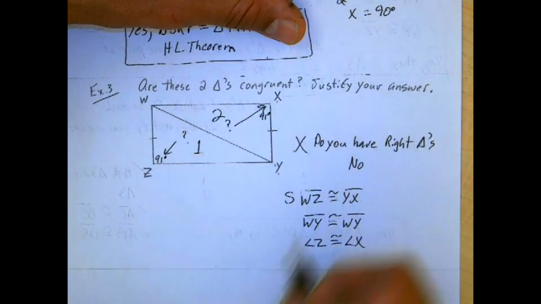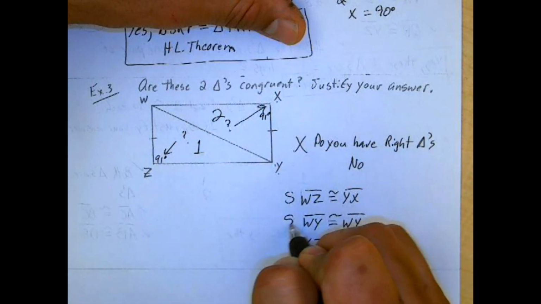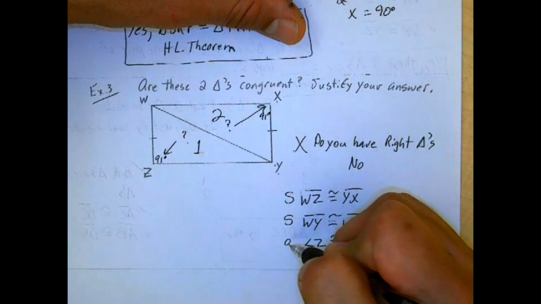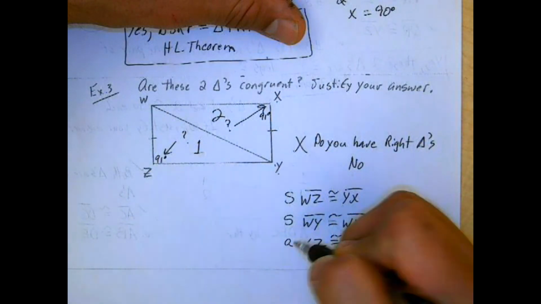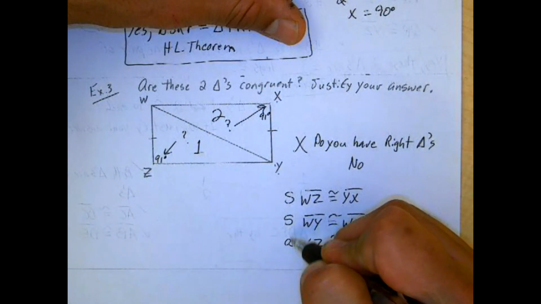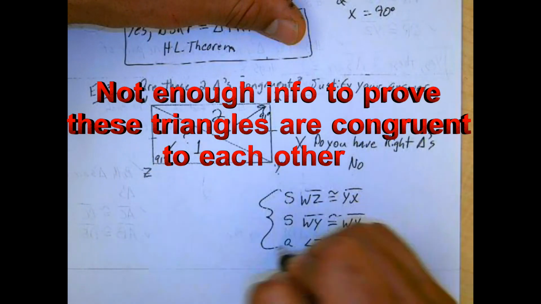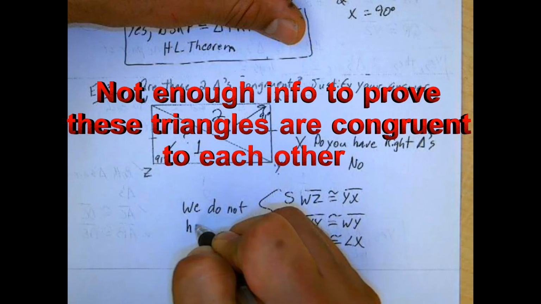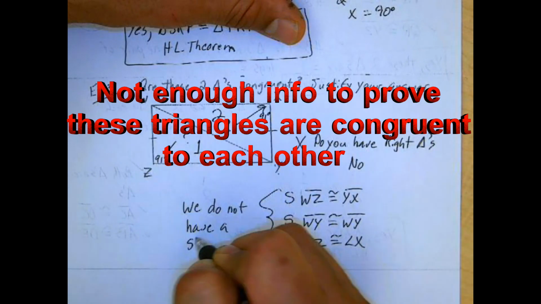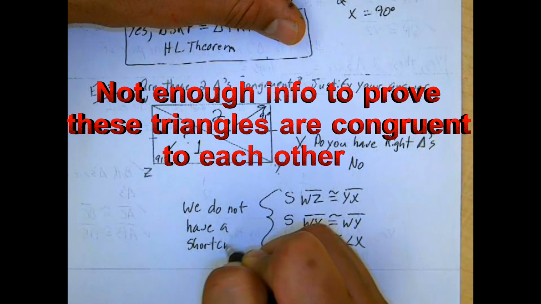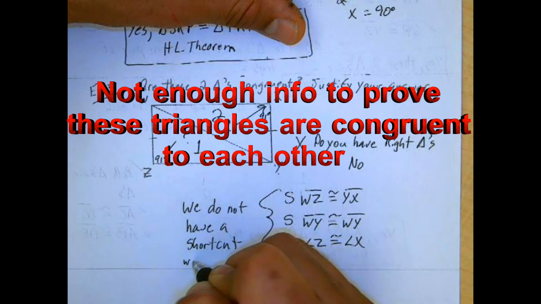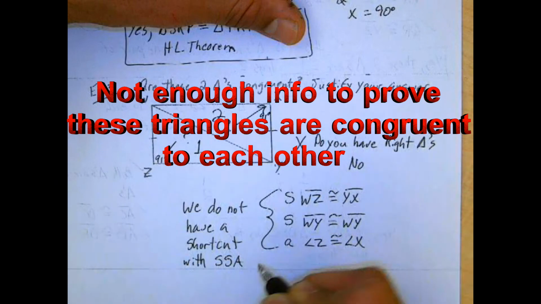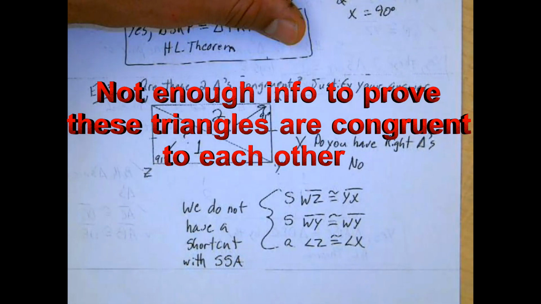Well, this is a side, and this is an angle. SSA, or the funny way of doing it is ASS. We do not have a shortcut with SSA.